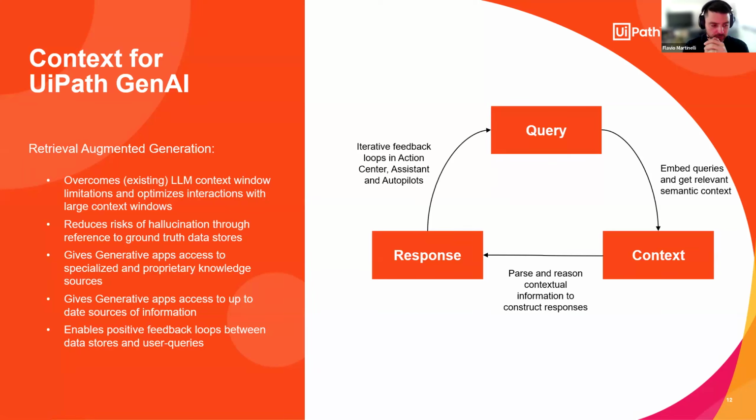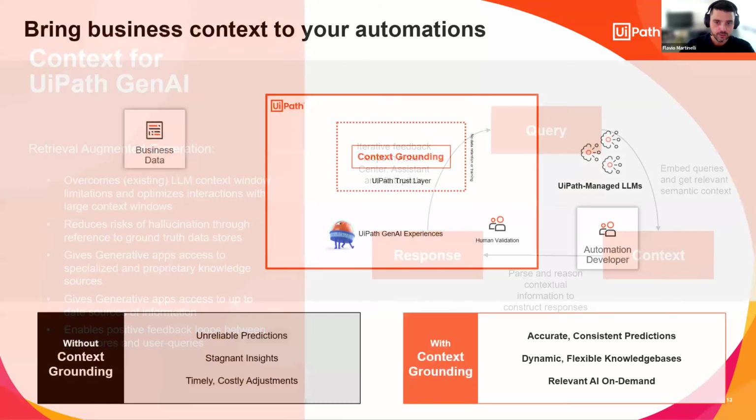We feed the model with information that can come from documents, CSV files, PDFs, etc. When we then use the GenAI, it will make a query on this context grounding, search, and try to understand if it can use some of this information to give me a constructed answer. So it will always be a loop in which the model trains itself using the context that I gave it.